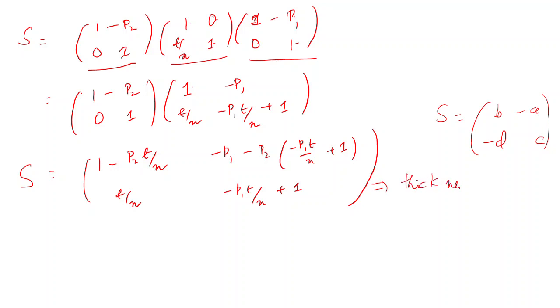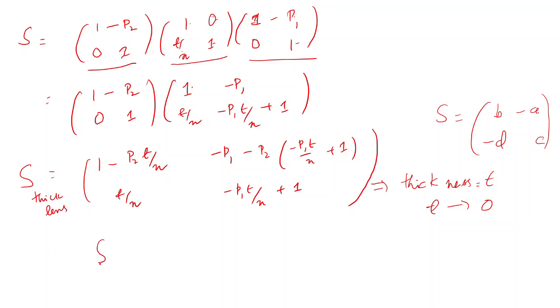We considered that the thickness is equal to T for a thick lens, and that's how we derived this. Now remember, when we did this in ray optics, we did the same thing. We derived the equation for the thick lens first, and then we assumed that the thickness is going to 0 to derive the equation for a thin lens. So for a thin lens, if I let T go to 0, then the system matrix, so this is for the thick lens.